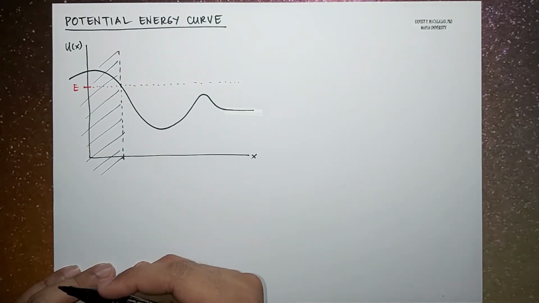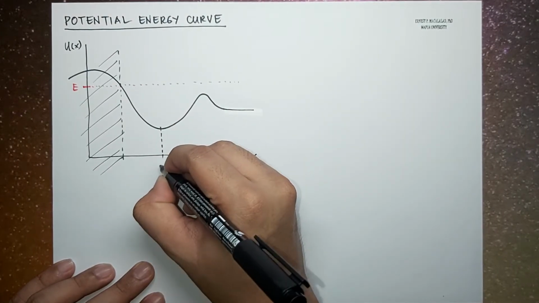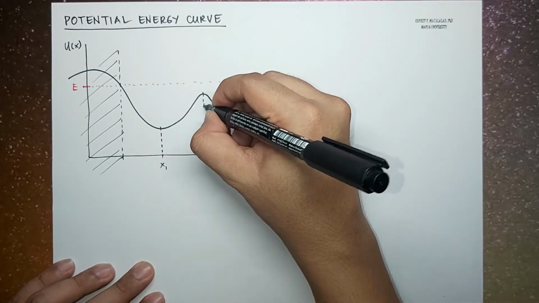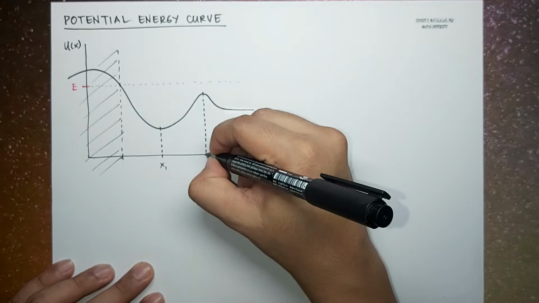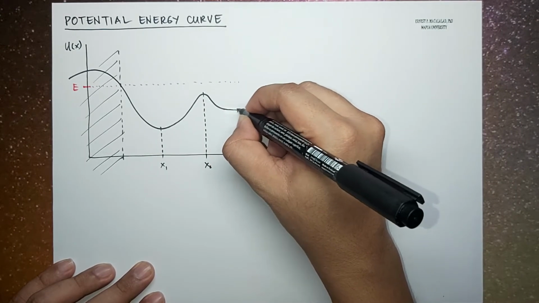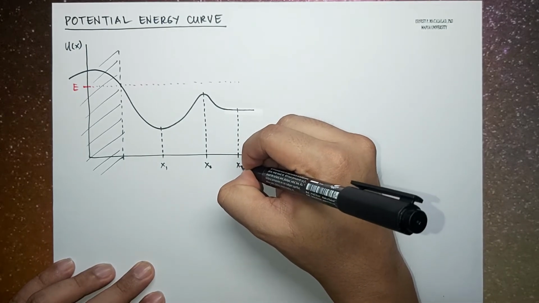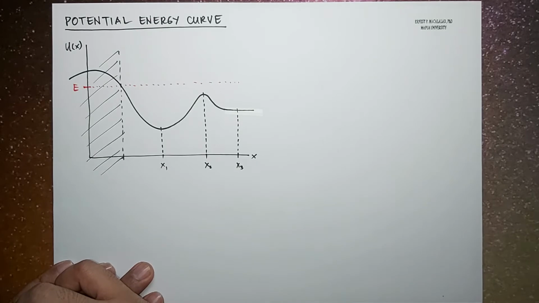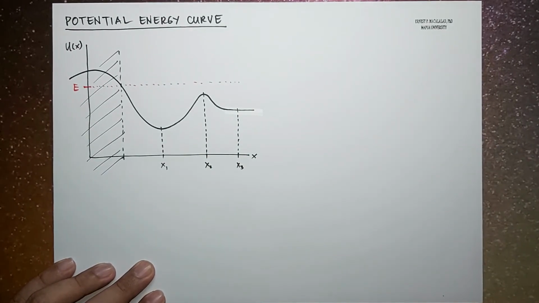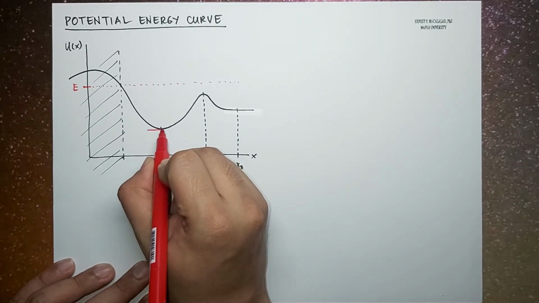Here we identify them as this point, let's call this x1, this point, let's call this x2, and at this point or anywhere between here, let's call this x3. At these points, the slope of the graph is 0.